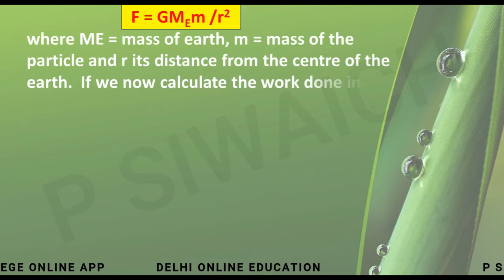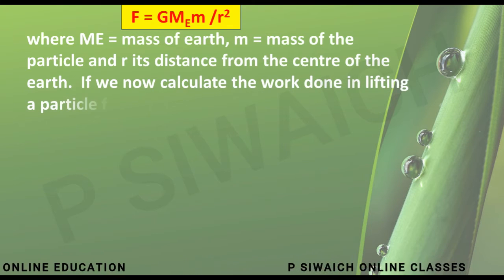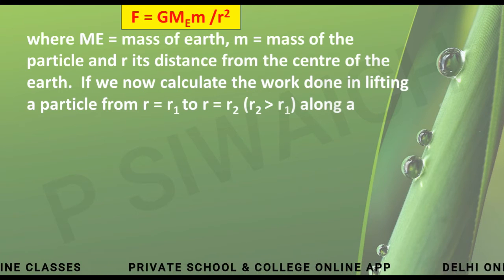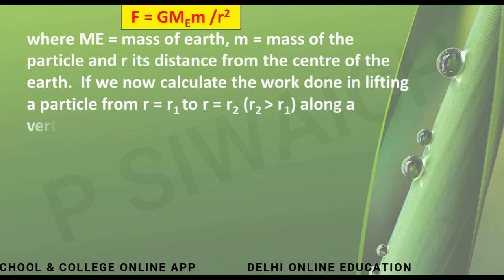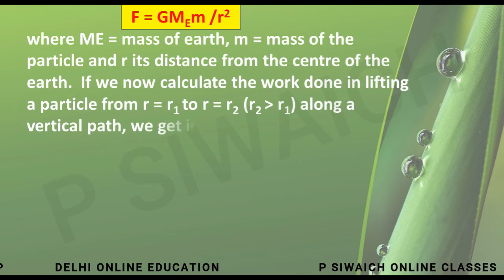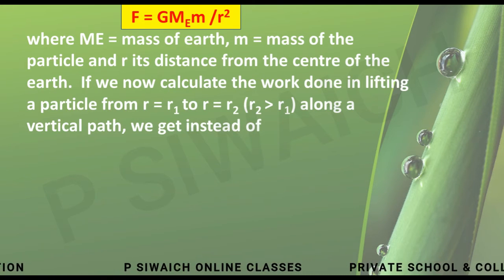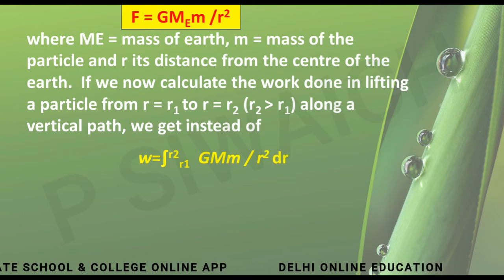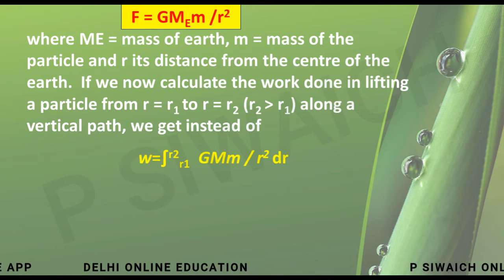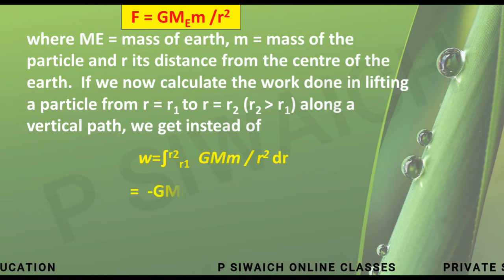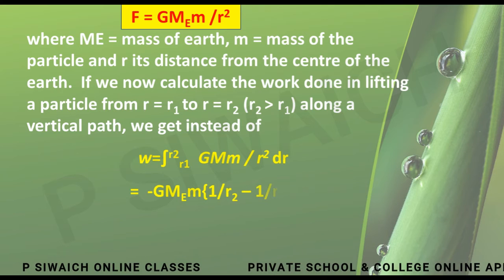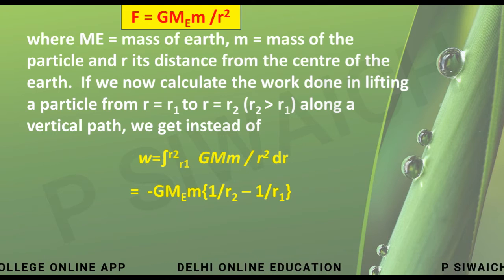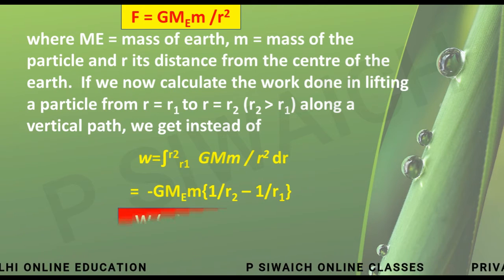If we now calculate the work done in lifting a particle from R1 to R2, where R2 is greater than R1, along a vertical path, we get W12 equals the integral from R1 to R2 of G ME m over R squared dR, which further equals minus G ME m (1 over R2 minus 1 over R1).